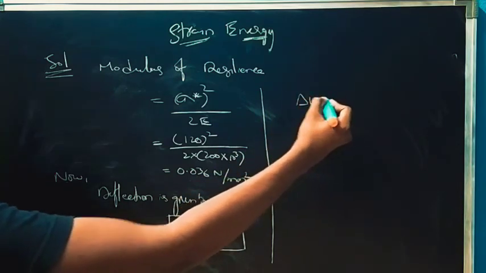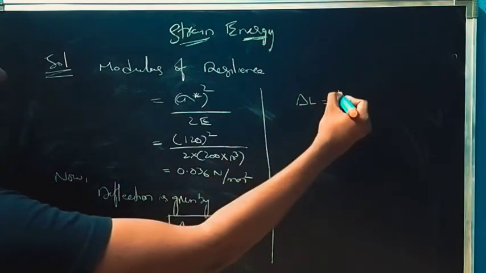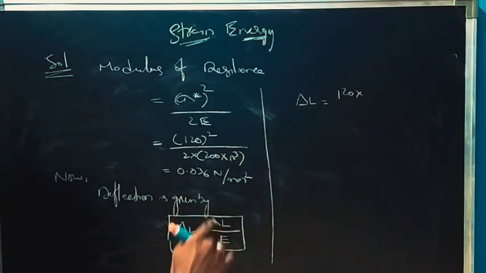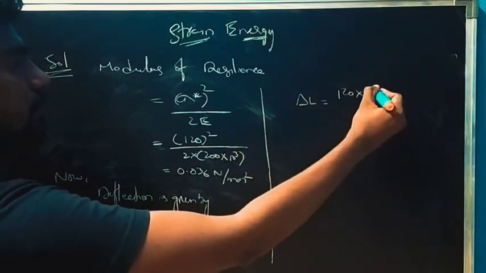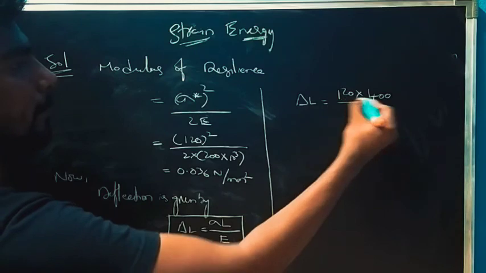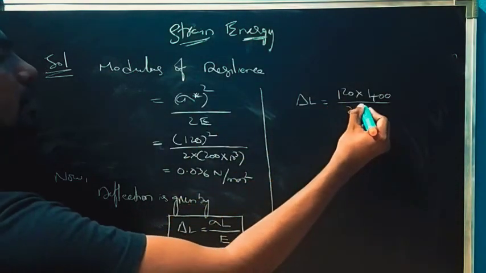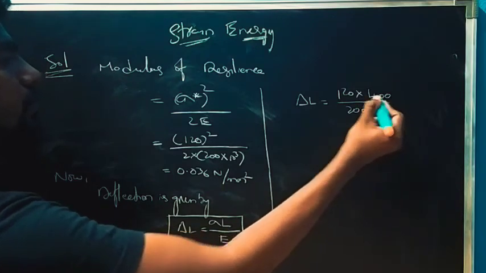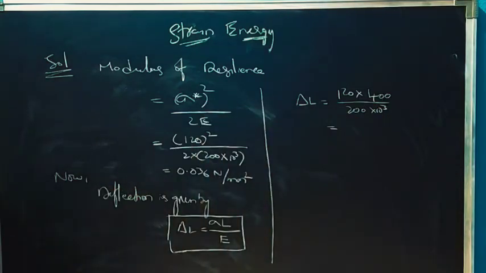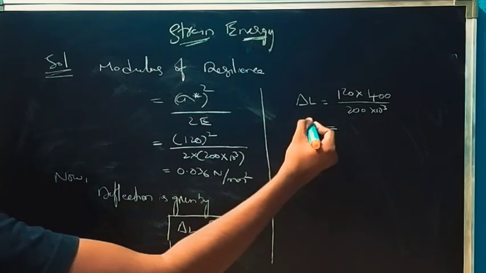Delta L equals 120 into the length of the bar, that is 400, upon Young's modulus 200 into 10 to the power of 3. So what is the answer?